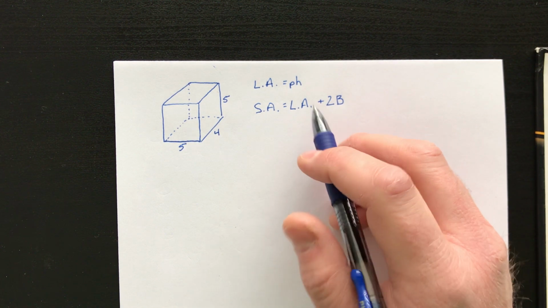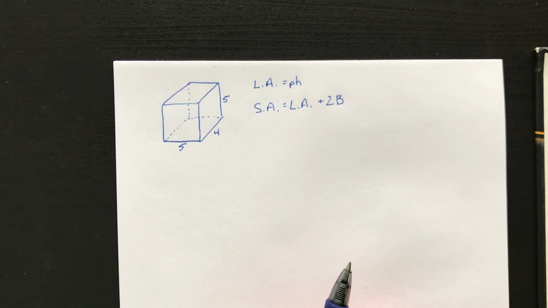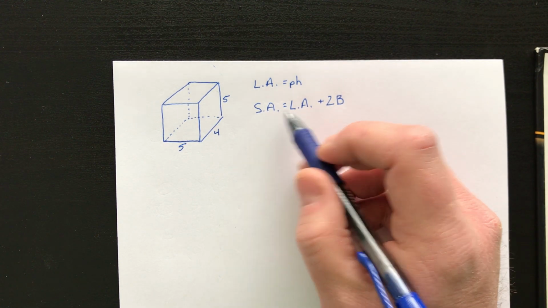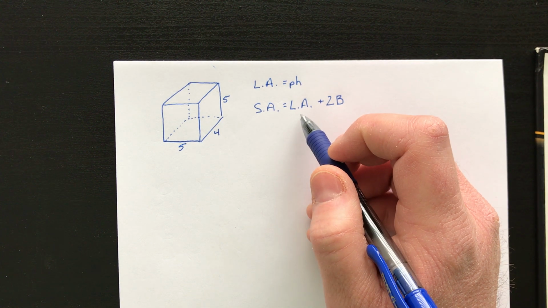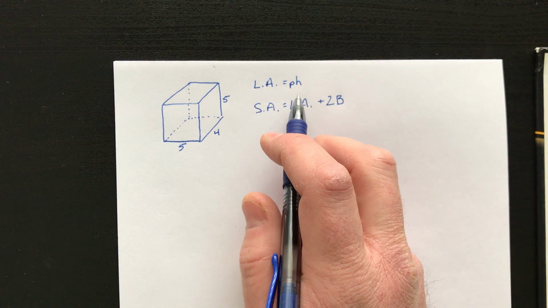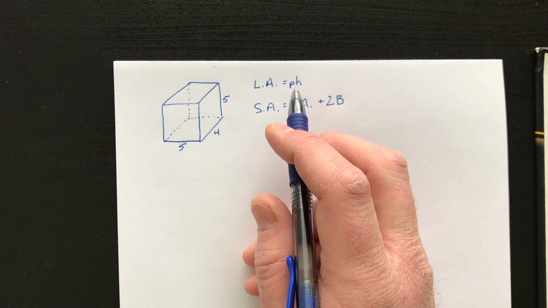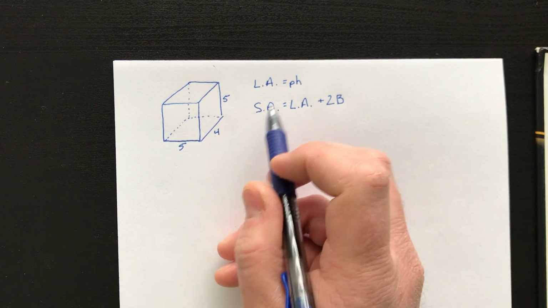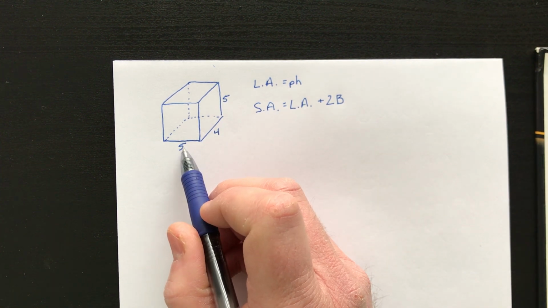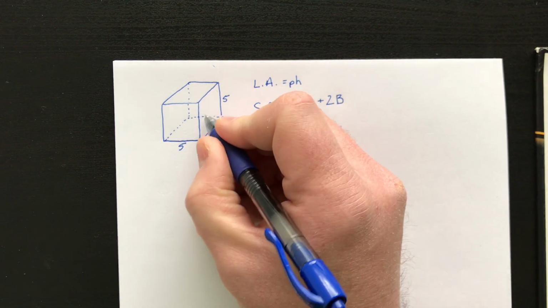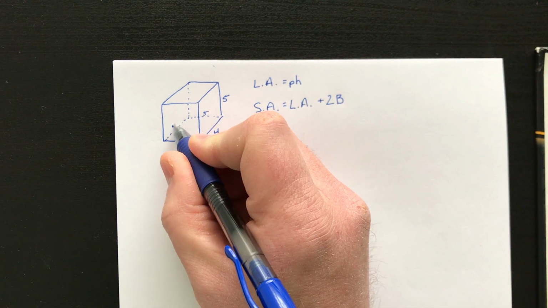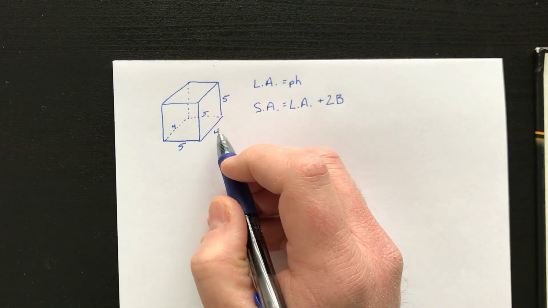So I'm going to be doing surface area, because when you find surface area, you have to find lateral area as well. So for number 1, lateral area, we need to do perimeter times the height, and that's the perimeter of your base. So the perimeter of the base is 5 plus 4, 5 plus 4.